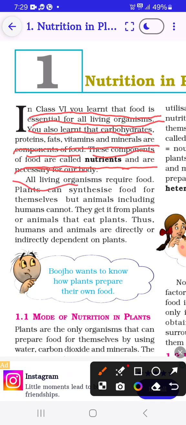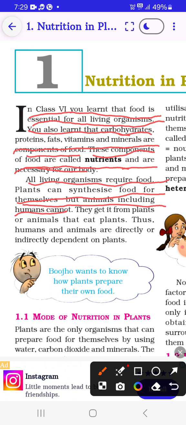All living organisms require food. Plants can synthesize food for themselves, but animals, including humans, cannot.